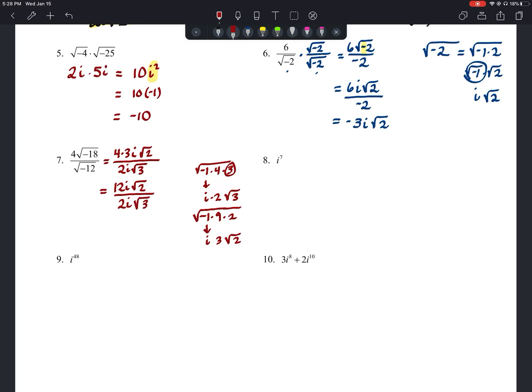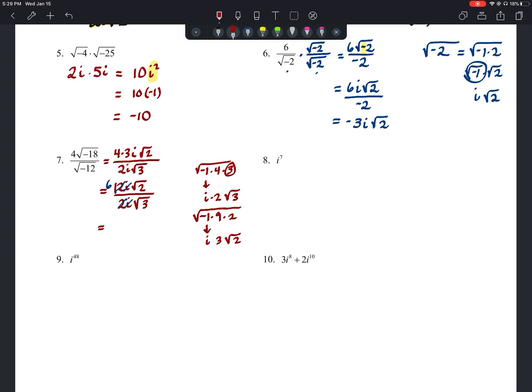Now, before we try to rationalize the denominator, can this reduce at all? Can we make this a little bit easier? You're right, we can. Let's look at this as 12 divided by 2 is going to give us 6, and then i divided by i will give us 1, so those will cancel out.